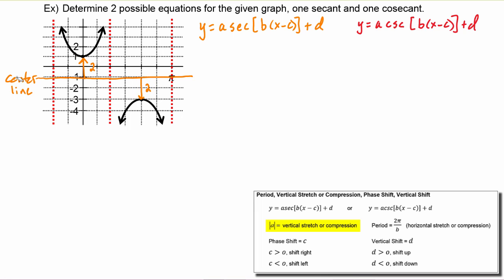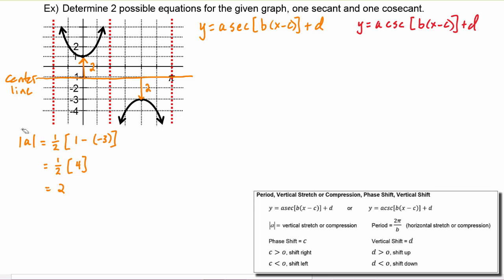If you're not comfortable getting it from the graph that way, or you just want another way to check, you can do this calculation where you say the absolute value of a is going to be 1/2 of that upper value, 1, minus that lower value, -3. So it will be 1/2 of 4, which is 2.